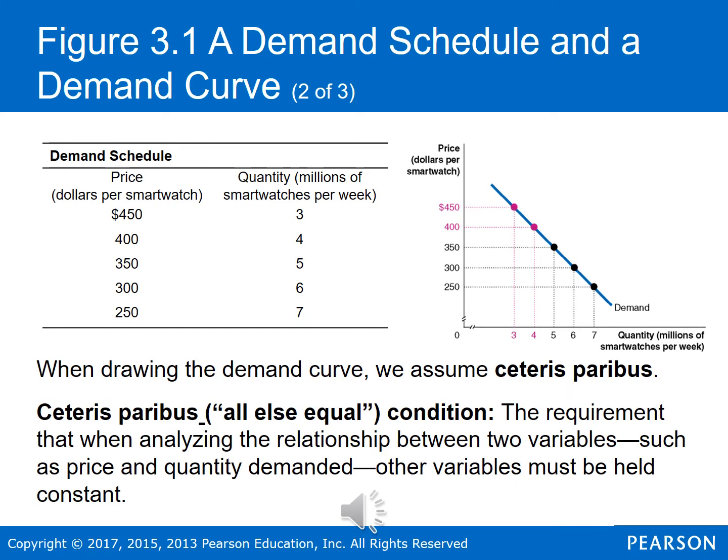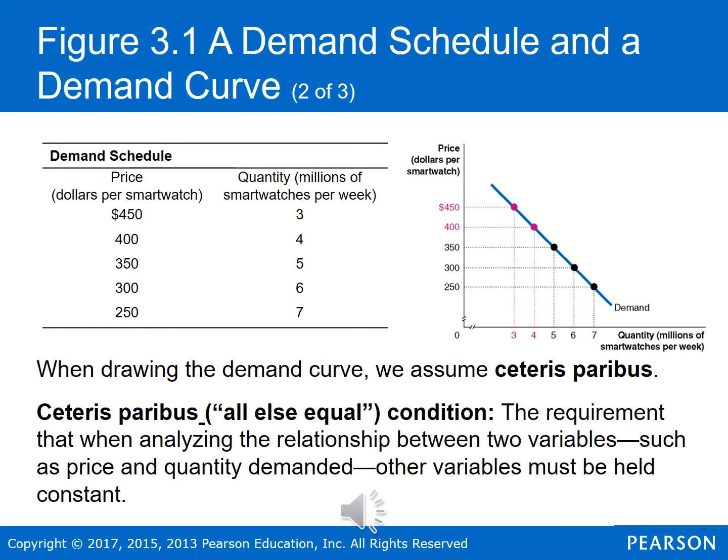Now when we draw a demand curve, we assume what we refer to as ceteris paribus. Now this is Latin for all else equal. Basically what this means is that when we analyze the relationship between two variables, in this case it's going to be the price and the quantity demanded, we're going to assume that all other variables are being held constant. So when the price falls from $450 to $400, in this case the quantity demanded is going to increase from 3 million smartwatches per week to 4 million smartwatches per week.